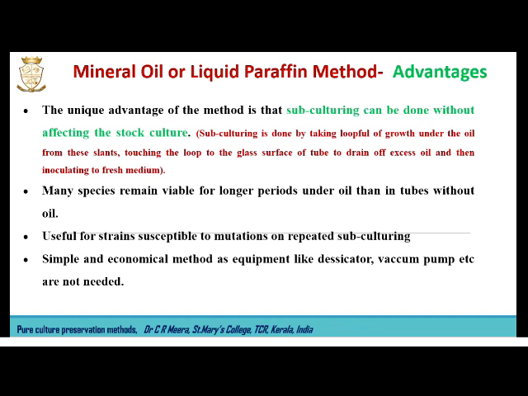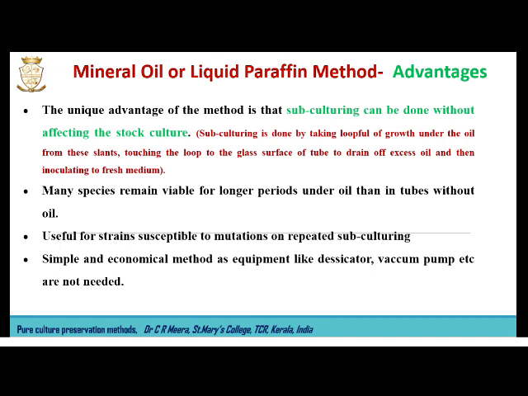This method has several advantages. The unique advantage of the method is that subculturing can be done without affecting the stock culture. Subculturing is done by taking a loopful of growth from under the oil from these slants, then touching the loop to the glass surface of the tube to drain off excess oil and then inoculating it to fresh media.